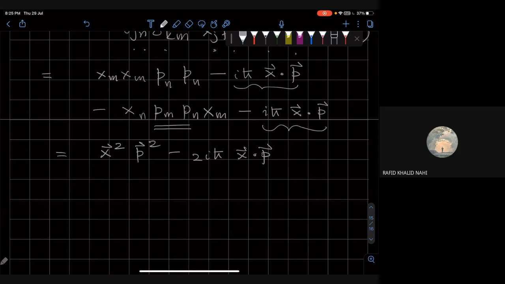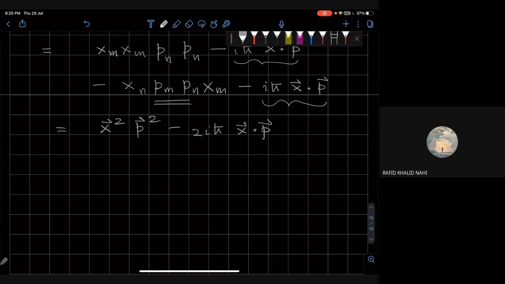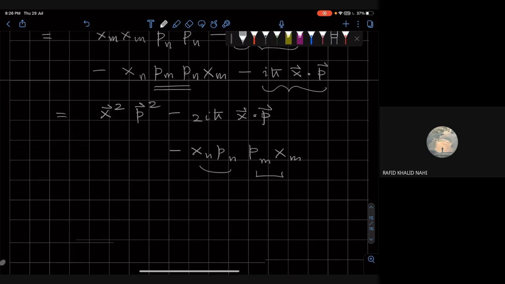Exactly. So we can write this as minus xn pn pm xm. So we're almost there. All we have to do now is just commute this. Then it'll have the same form of this.